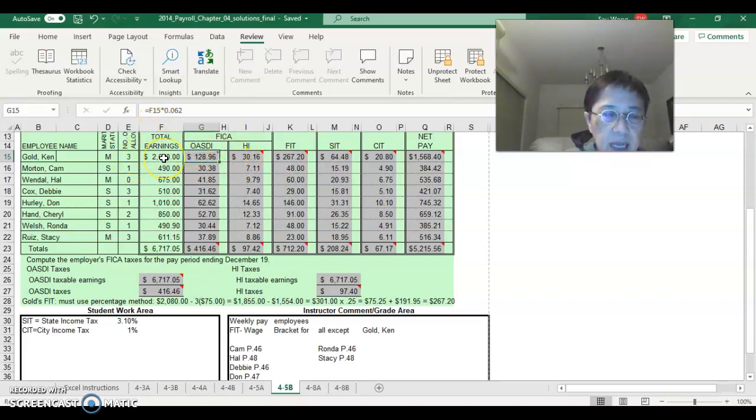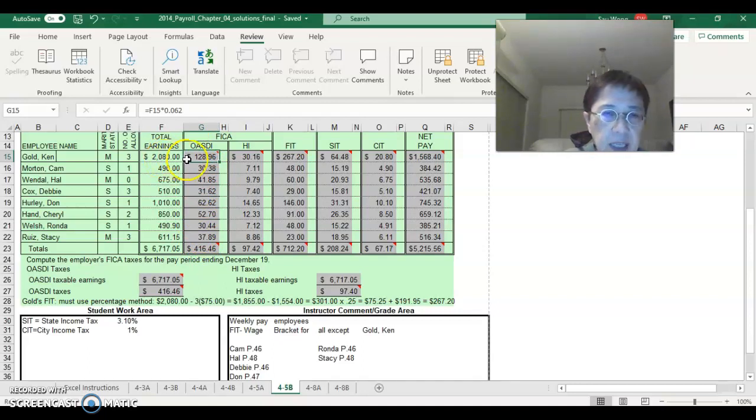So we take cell F15 times 0.062, so it's 6.2% for the employee, and the employer is the same. So altogether the OASDI is 12.4%, okay?